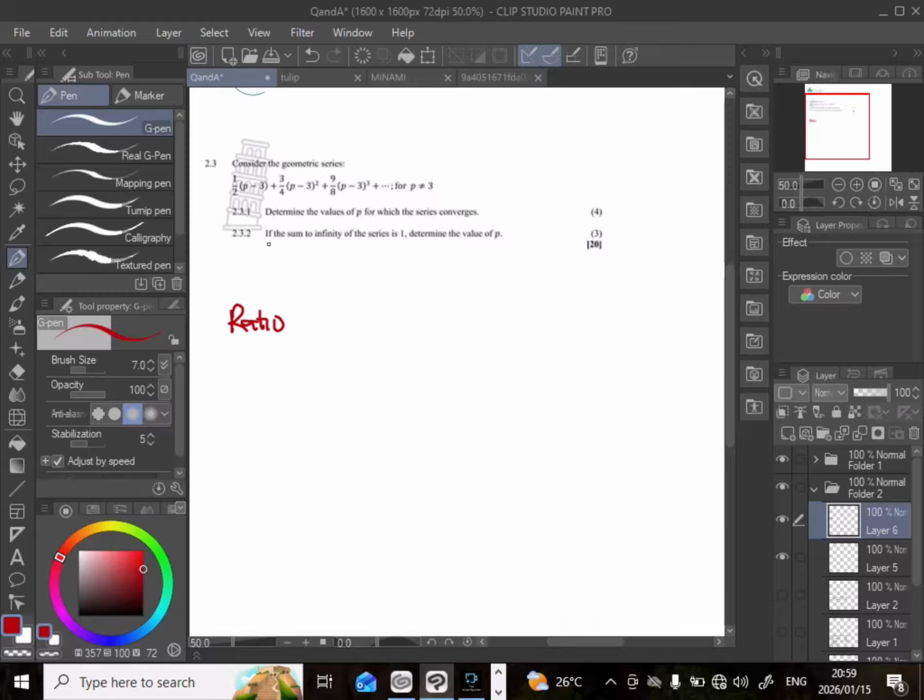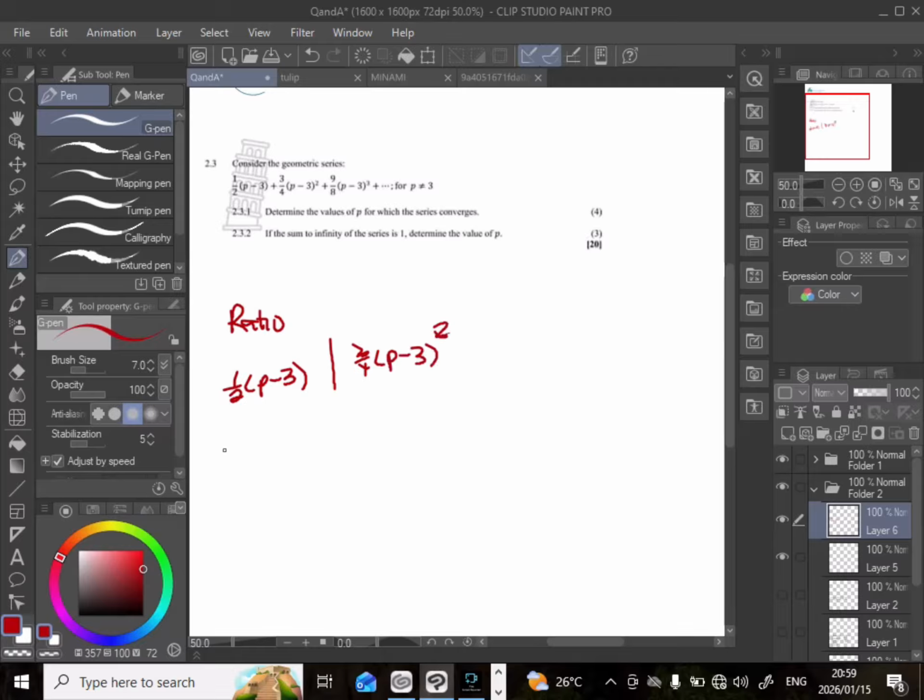So now, how do we find p? We have the first term, half p minus 3, the second term, 3 over p, and 4 minus p squared.